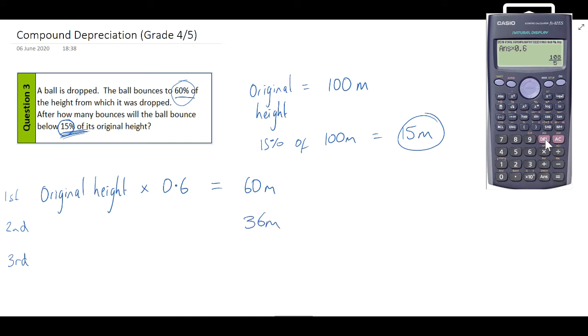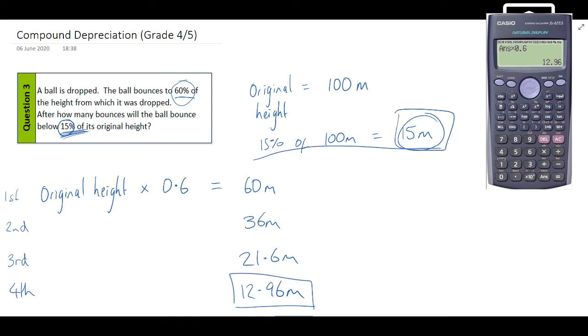After the third bounce, it's 21.6 meters. After the fourth bounce, that's going to be 12.96 meters. So it is after the fourth bounce that height is less than that 15 meters.